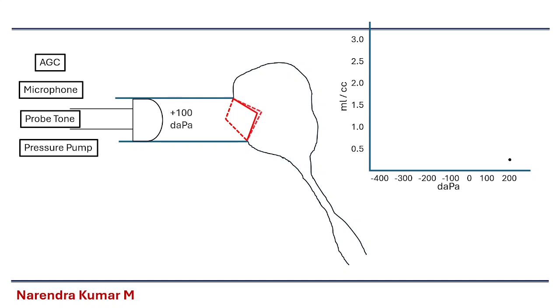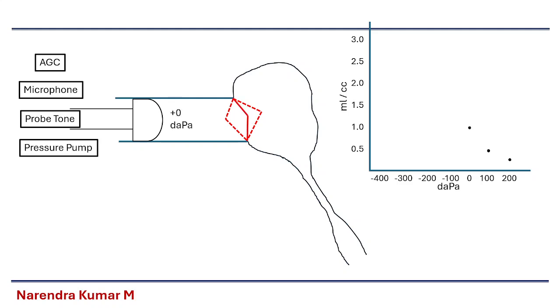When the pressure is reduced to plus 100 decapascals, now the tympanic membrane is free to move from the maximum extent to this particular extent at which the tympanic membrane portion is held. So this vibration will allow the sound pressure level from the ear canal to enter into the middle ear space. So a better amount of sound is admitted into the middle ear.